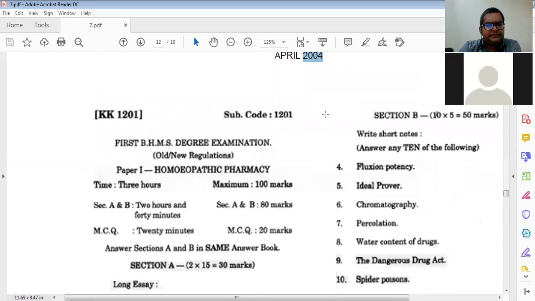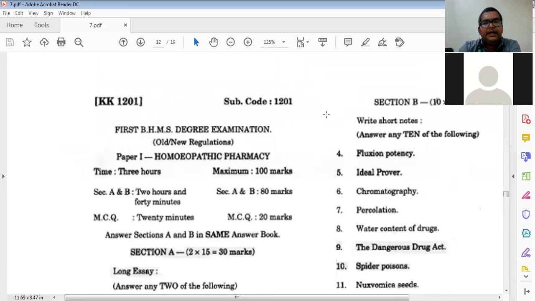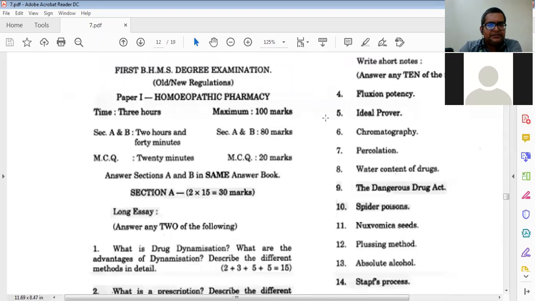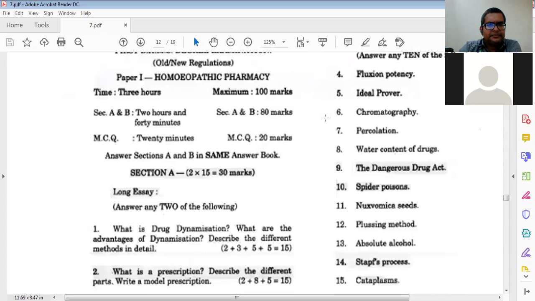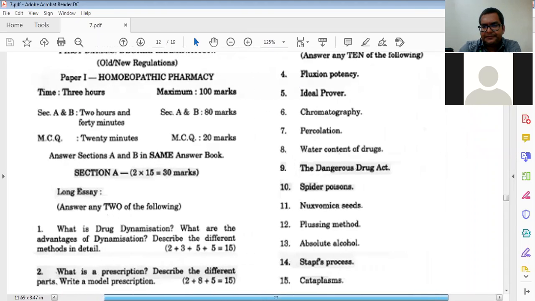Now we have another question paper. Homeopathic Pharmacy, 3 hours, 2 hours 40 minutes, 80 marks. This university has given 80 marks.